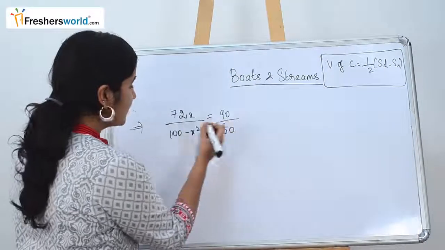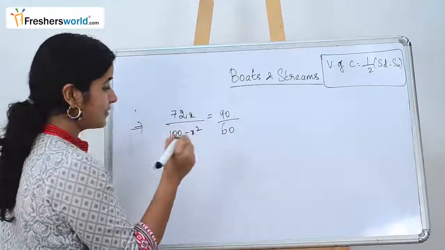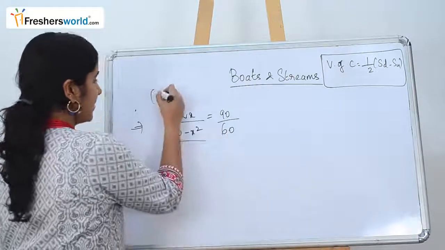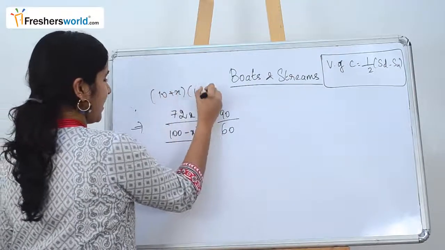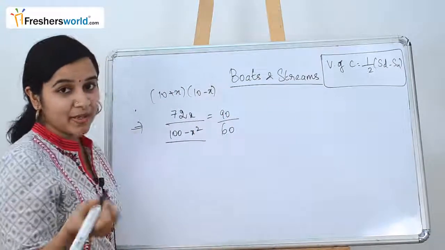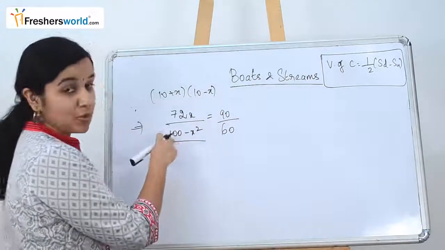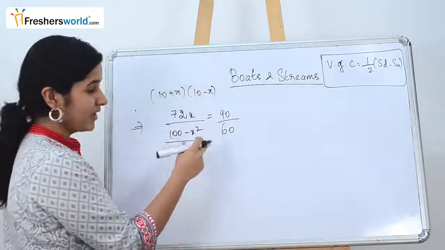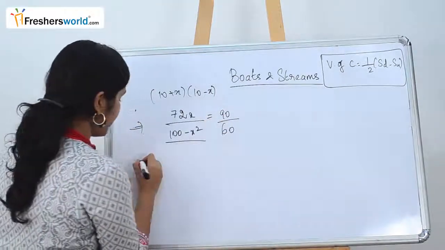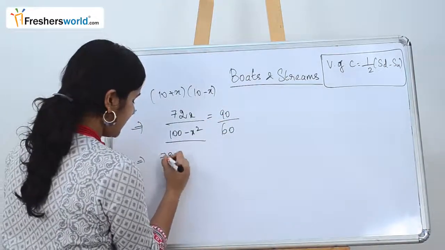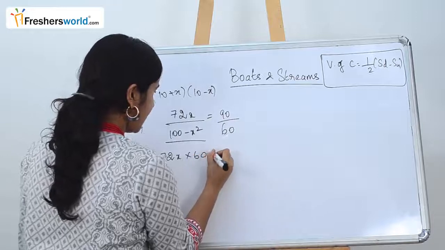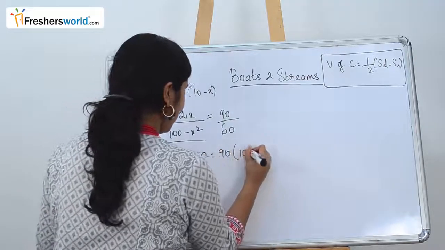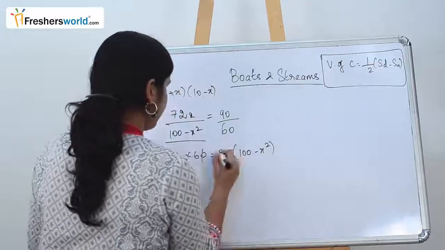So let's solve this. 72x divided by 100 minus x square. This is nothing but 10 plus x into 10 minus x, which is nothing but a square minus b square, which is 10 square, which is 100 minus x square, is equal to 90 by 60. So let's just cross multiply it. 72x into 60 is equal to 90 into 100 minus x square.